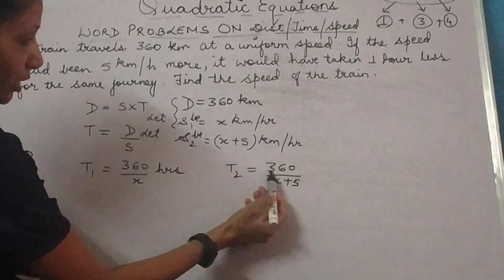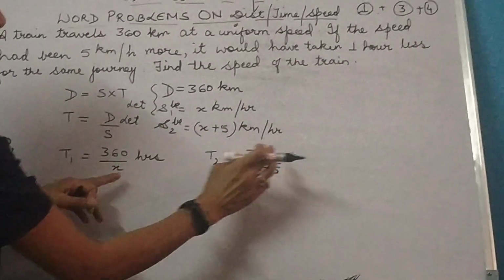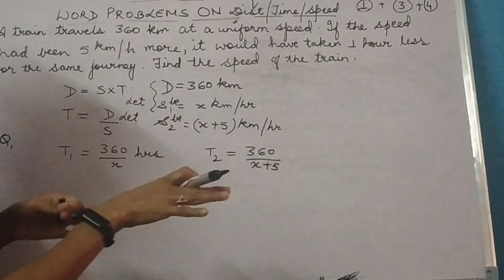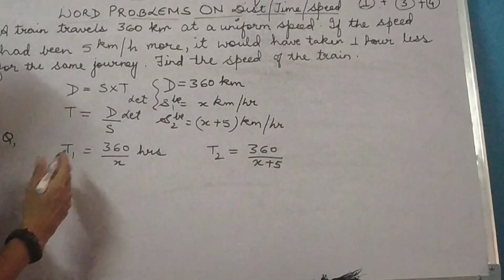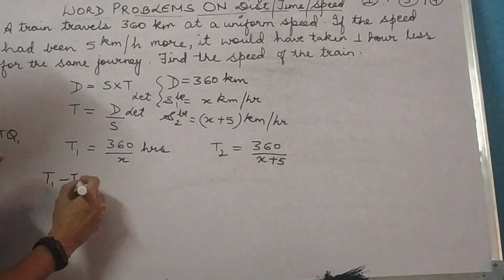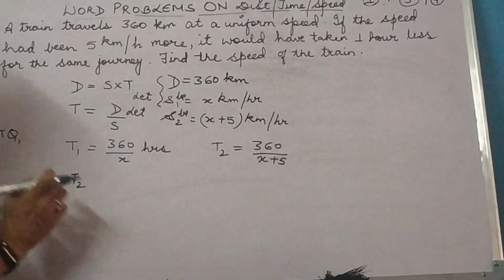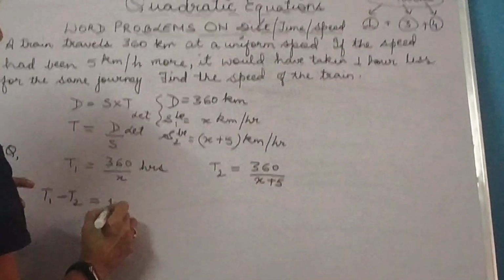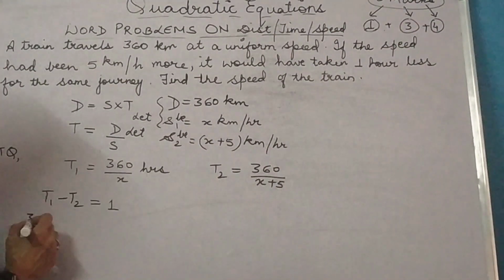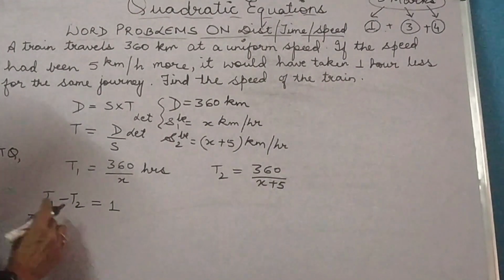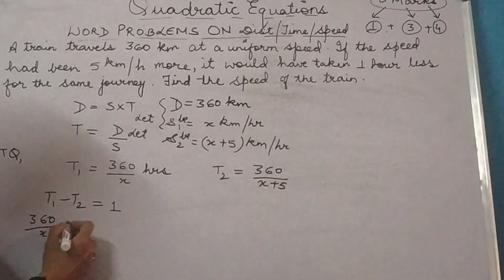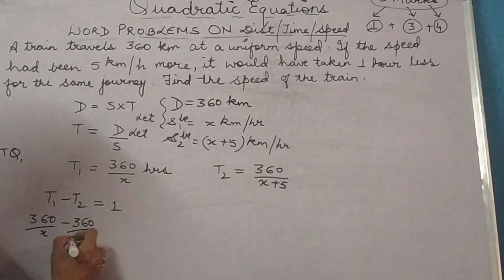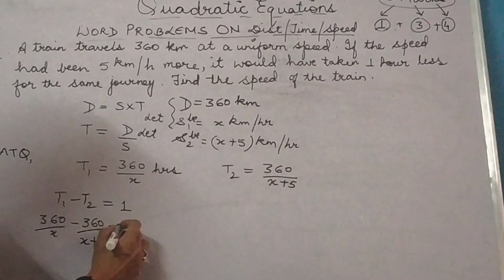Here this denominator is greater than this, so this value will come out to be the smaller value. So we will be doing T1 minus T2. That means bigger value minus smaller value gives me the difference of 1 hour. That means 360 by x, I am replacing T1 with the value, minus 360 by x plus 5 equal to 1.